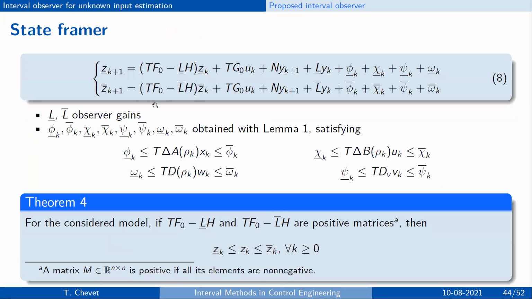The framer we proposed is this one, which is similar to the one we had in the continuous time case, but here we also have this term bounding the measurement noise that didn't exist in the continuous time case. Then we can prove that if these two matrices are positive, classically, the signals generated by the framer are actual bounds for the descriptor vector Z.